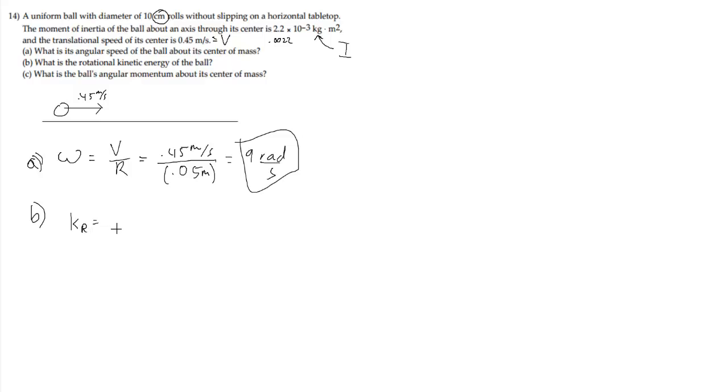Kinetic rotational is equal to 1/2 I omega squared, which is equal to 1/2 I, which we know is 0.0022 kilograms meters squared, times omega squared, which we now know is 9 radians per second. So this will give us an energy of 0.089 joules.